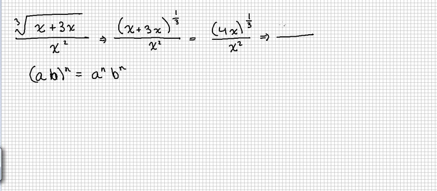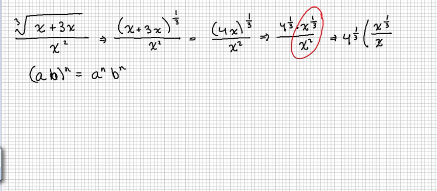That will give us 4 to the 1/3 times x to the 1/3 over x squared. The reason we did this is so that we could take this little bit right here and simplify it more. This 4 to the 1/3 is going to come onto the outside, and we're going to have x to the 1/3 divided by x squared.